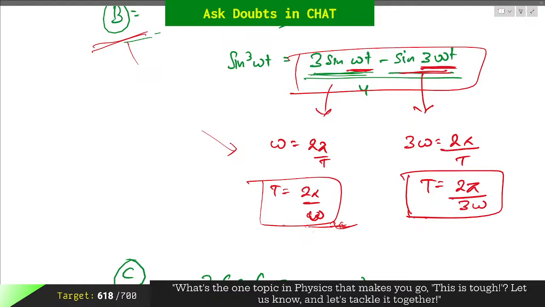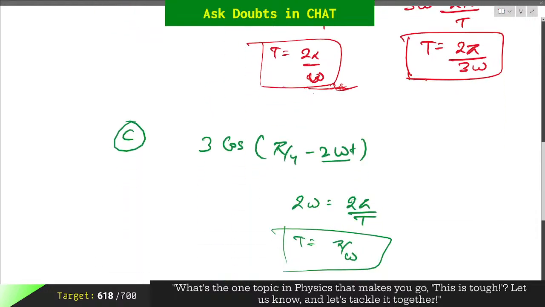Now this is the sum of sine functions with different frequencies, indicating that it is periodic motion but not simple harmonic motion. Now if it is a periodic motion, then what is the period of this motion? In order to find the period of motion, whichever function has the larger period, we can say that the period of motion of this entire function is that period.